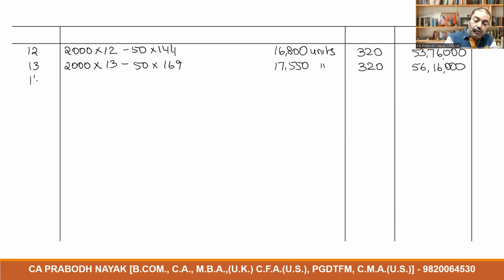Month number 14. Ensure that you are not crossing 20,000 because 20,000 is the total market demand. You can't cross that. 2,000 into 14 minus 50 into 196. 18,200 units at 320 per unit. 58 lakh 24,000.